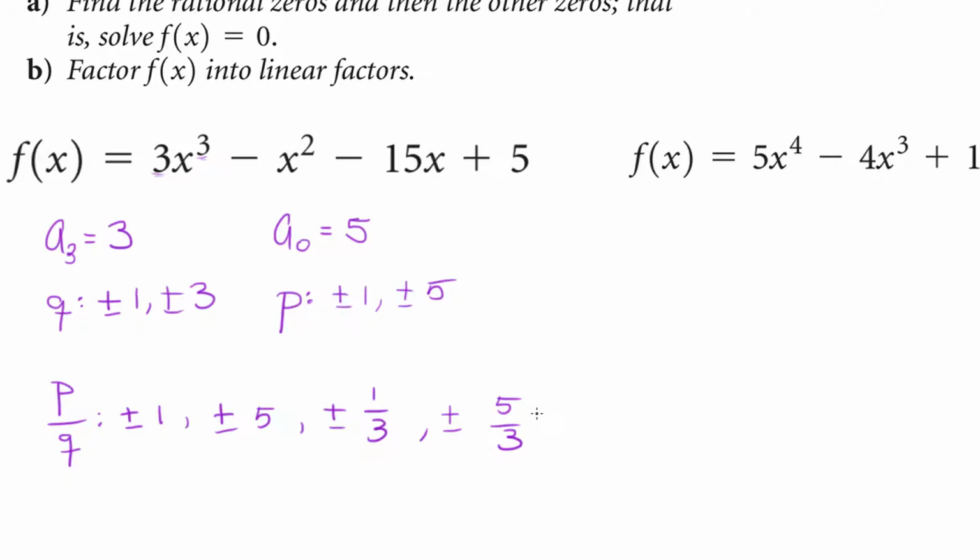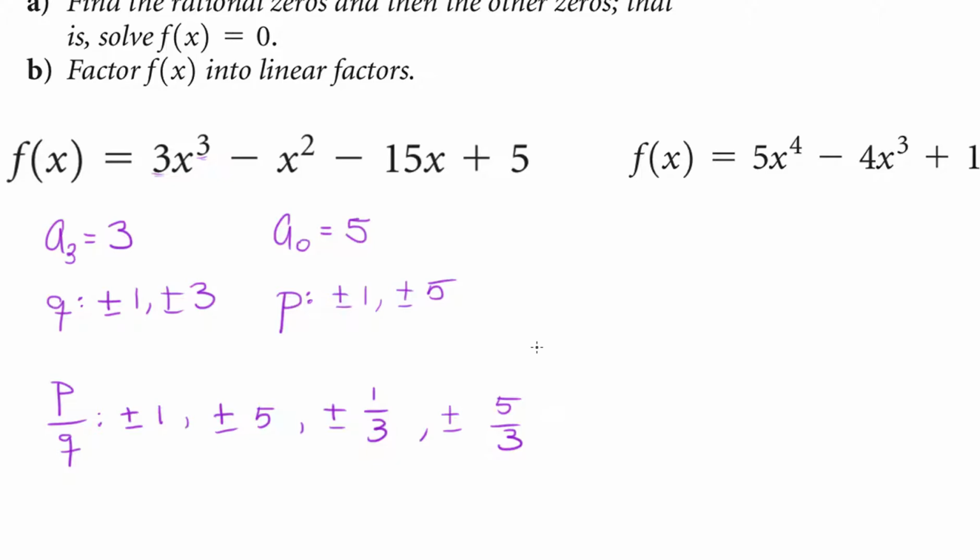It's just saying if there is one, if there is a possibility of one, then the list of all these rational numbers are all the possibilities for which these zeros are for this function. Now, in order to determine if these are actual zeros, we'll have to use synthetic division because it's the fastest way to find if a number is 0 or not.